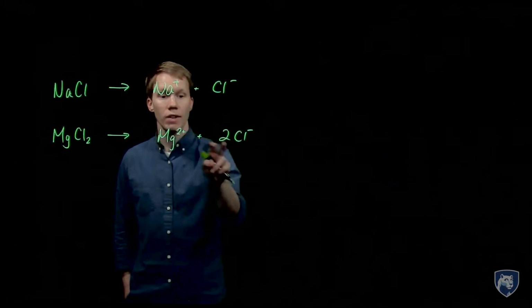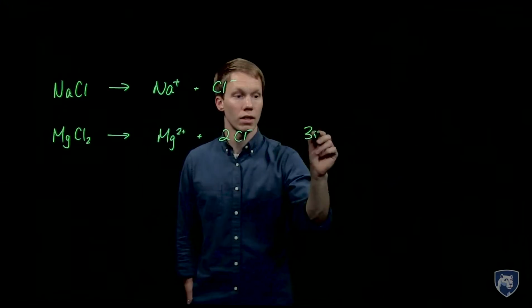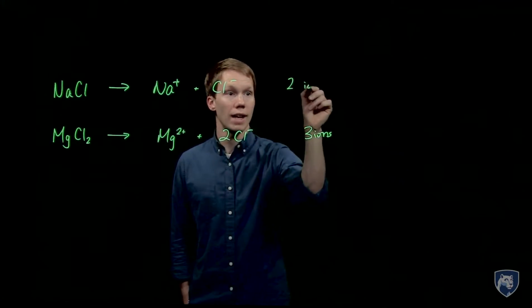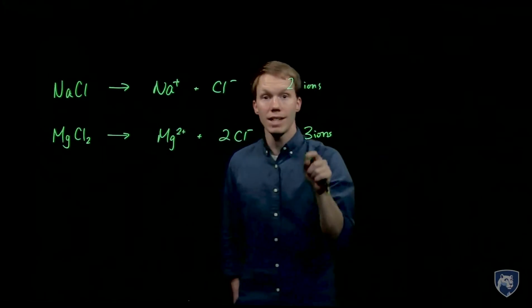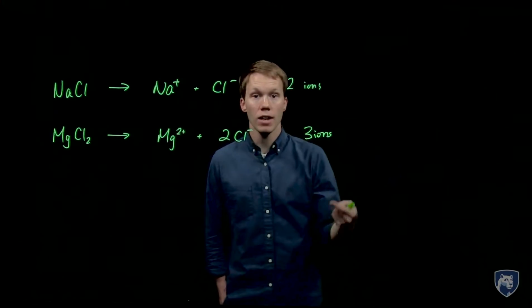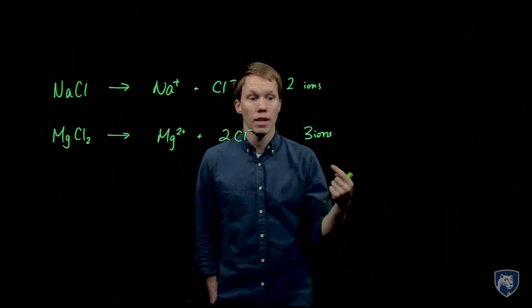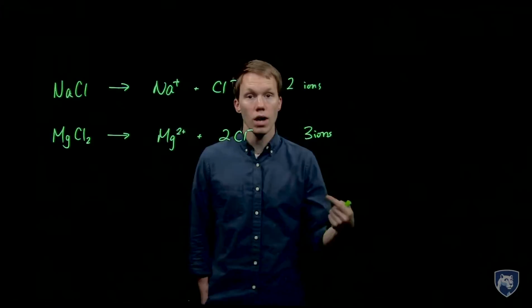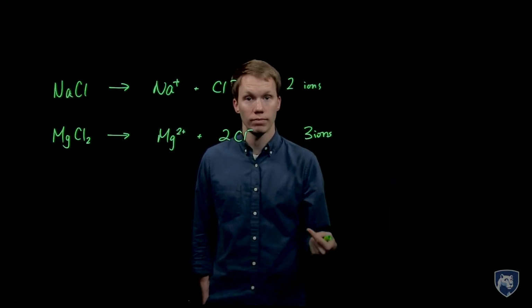So the fact that we have 3 ions instead of 2 ions means that the magnesium chloride will be a better conductor of electricity because there are more ions in solution. Molecular compounds like water and ammonia and sugar, these are compounds that will not conduct electricity because they are non-electrolytes. There will be 0 ions in solution.